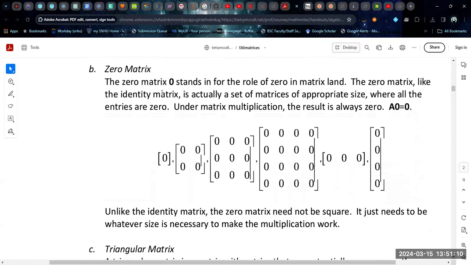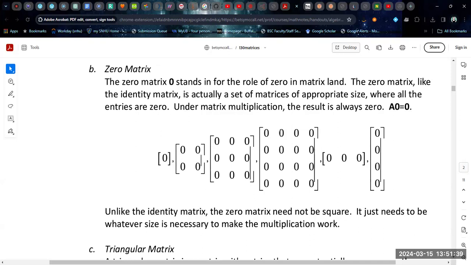The zero matrix is just a matrix that contains all zeros. And again, these can be square or rectangular, unlike the identity matrix, which is always square. Typically in a problem where you're multiplying matrices together, the zero matrix will be specified as whatever size is necessary for the multiplication to be defined.